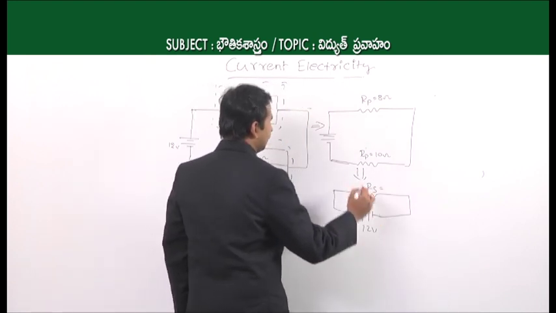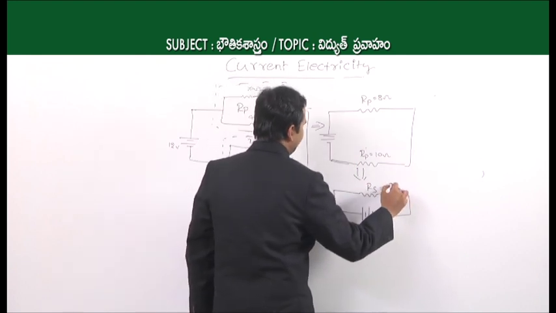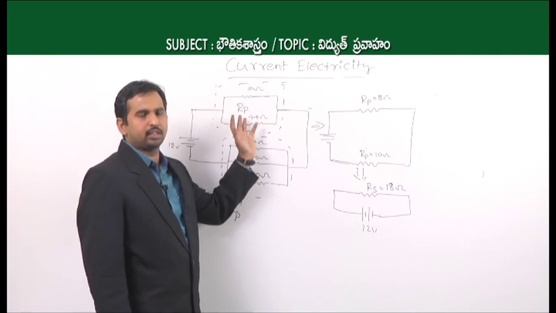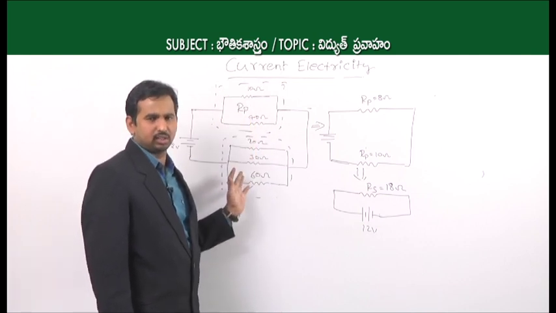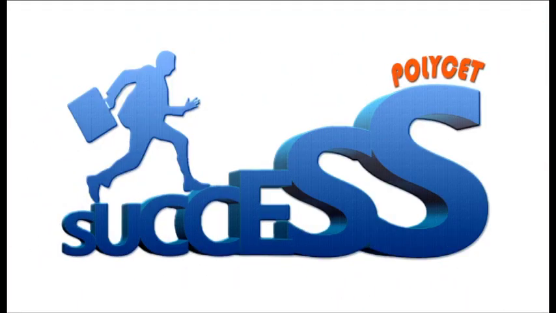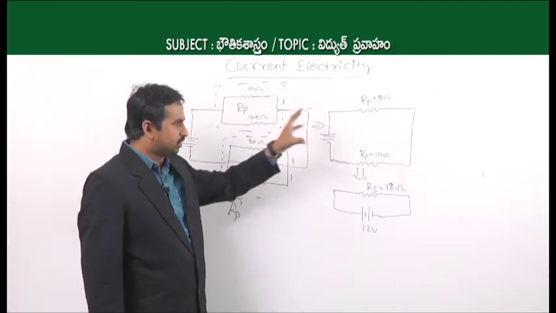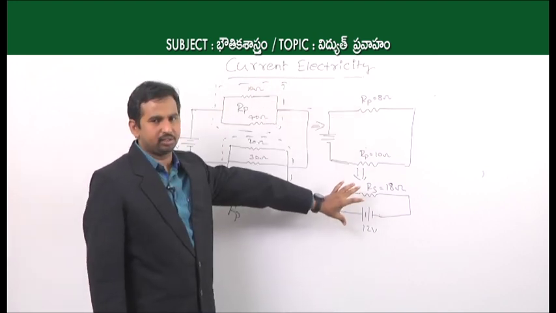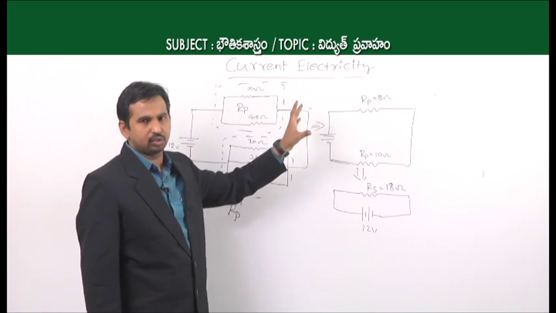Here we got Rs equal to 10 plus 8, 18 ohms. So we took the 5 resistors, of which 2 are in parallel separately and 3 are in parallel separately, and these two groups are in series. We did that step by step, and finally we got the equivalent resistance of all 5 resistors.